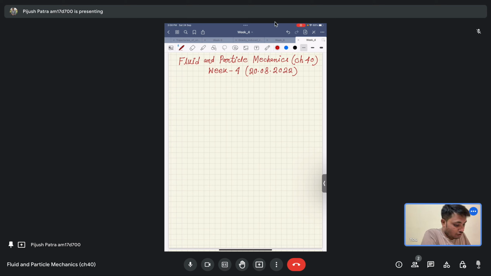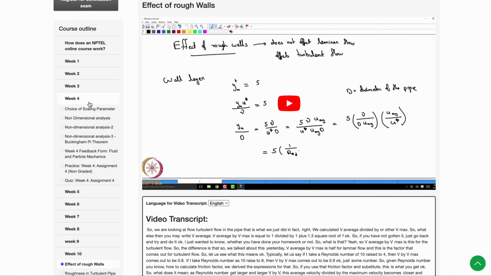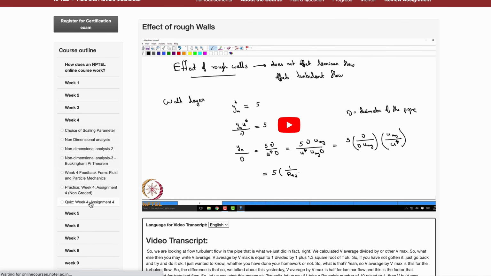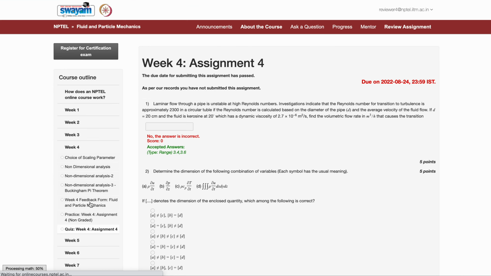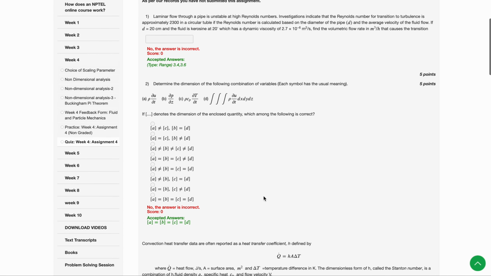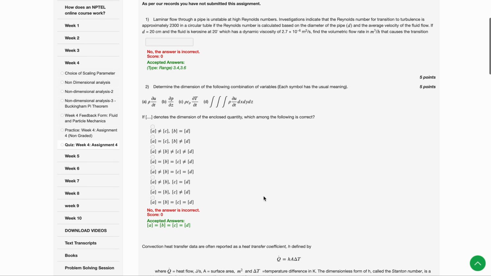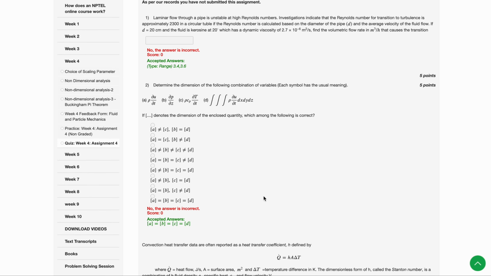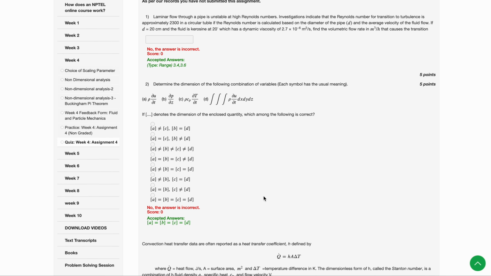This I will call question number 1. So it says, as you can see, question number 1, assignment 4. The question says that the laminar flow through a pipe is unstable at high Reynolds number.